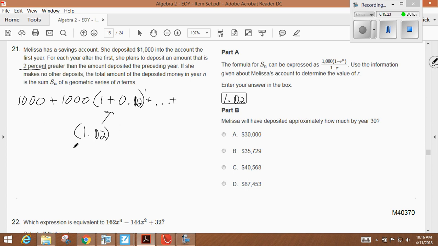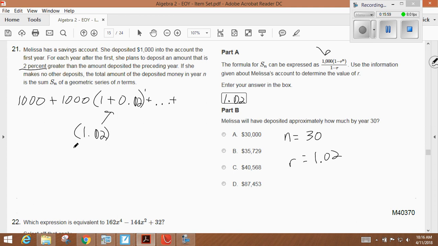And my eraser doesn't work, so that's great. It worked all day until I made a big mistake. Let's just do this. If we're going to do this, we're going to use this formula. N is equal to 30, and R is equal to 1.02.